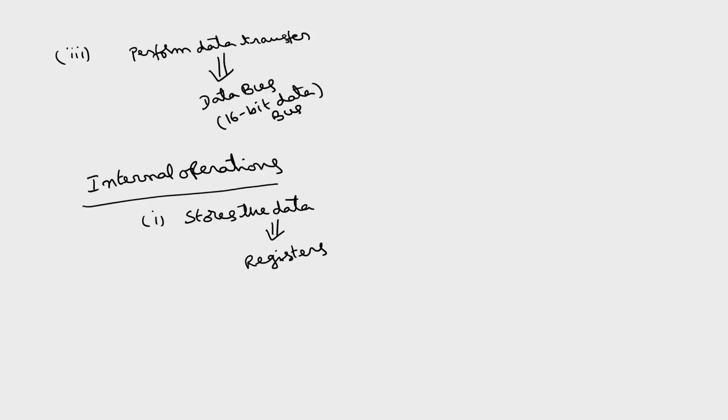So, you might have studied these registers in your digital logic course. So, we require some registers. So, in 8086 what are the different types of registers available? There are 2 types of registers available in 8086. One is called general purpose registers.